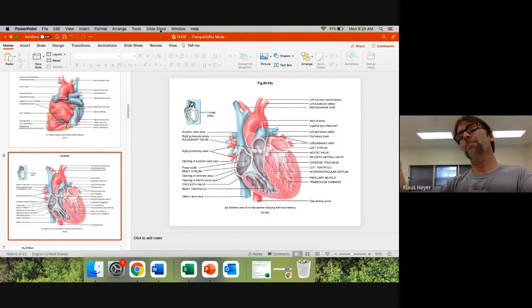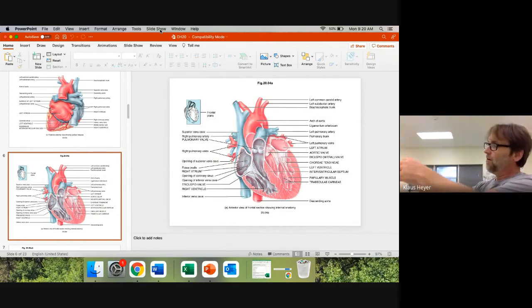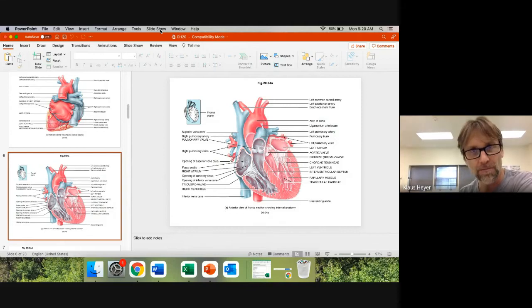That's blood getting pumped out from my heart, coming around my shoulder, down my arm, and feeding my arm and hand with oxygen. Once my hand gets oxygen, there's a waste product, carbon dioxide. That all goes into the veins, coming down the veins, around my shoulder, and back into the heart.